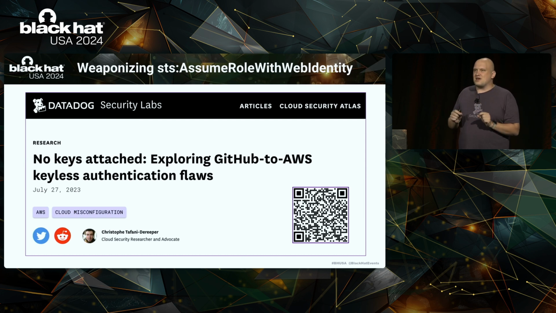But if we were to nitpick, it's really important to stress that they only did this for the GitHub identity provider. Any of the other services that are similarly impacted were and are still vulnerable. And for this reason, if you're a heavy AWS user, I strongly encourage you to audit your IAM roles that use assume role with web identity and look for this misconfiguration. Because if it's present, anybody could just assume your roles.